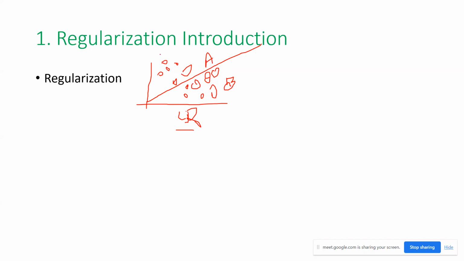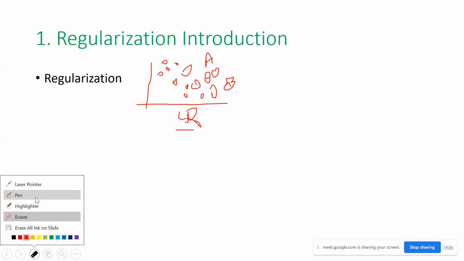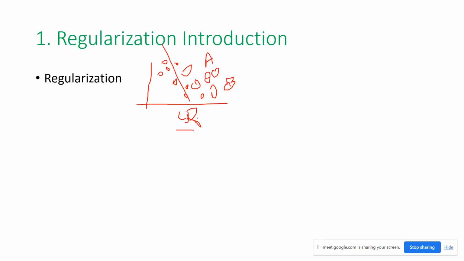Instead of classifying like this, we can also classify like this, or like this. These lines we simply call a line, a plane or a hyperplane, depending on the model. Whatever we are doing here is classification: we are classifying our data points into two classes, class A and class B.